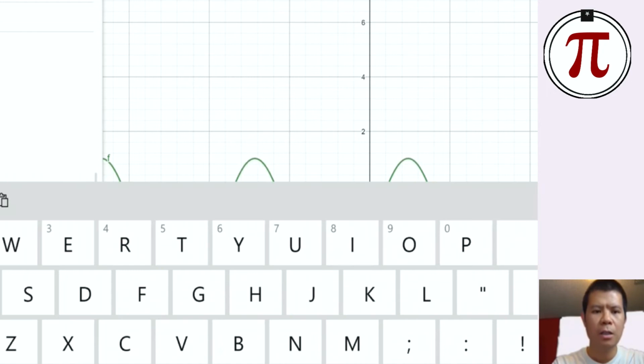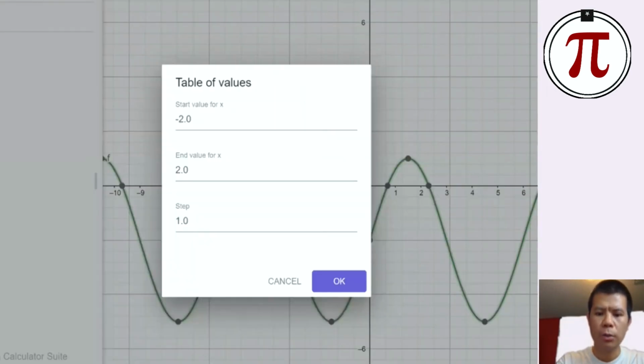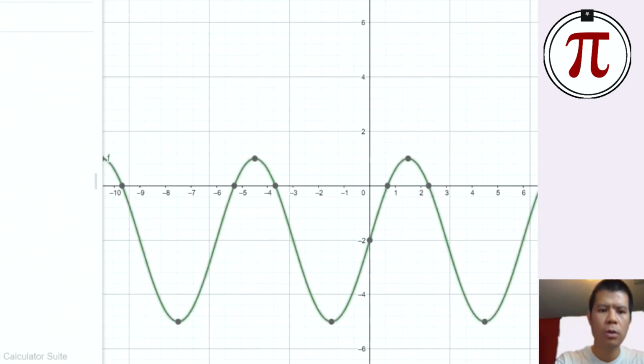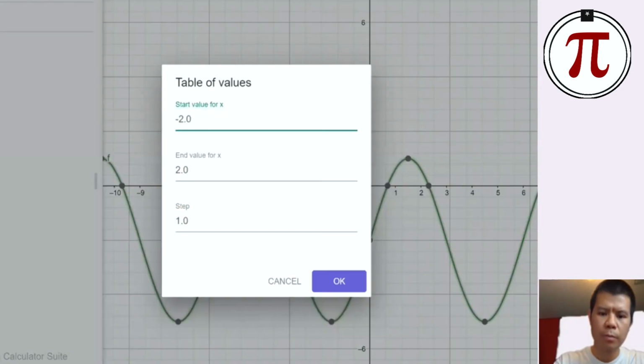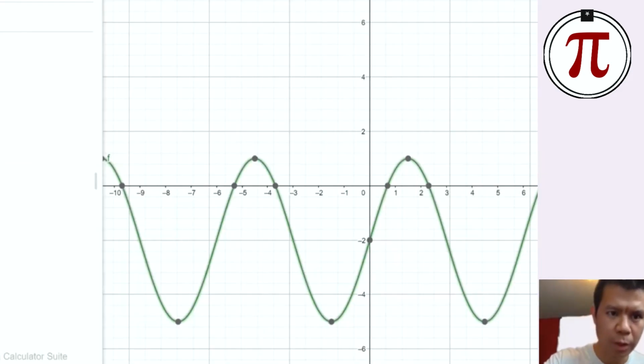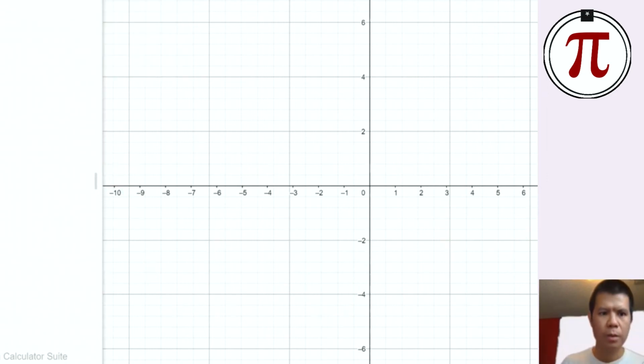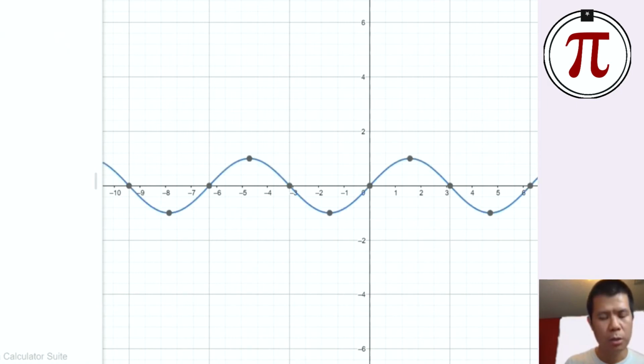You can delete this one if you want to. Can you draw the function? This one is sine of x plus 2.